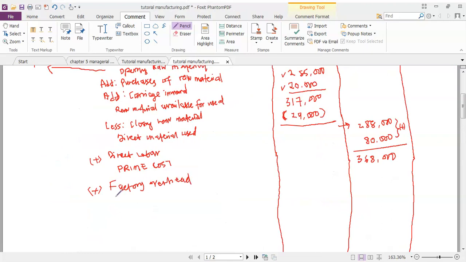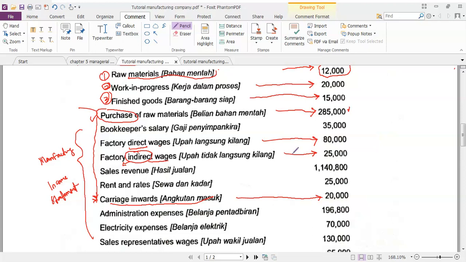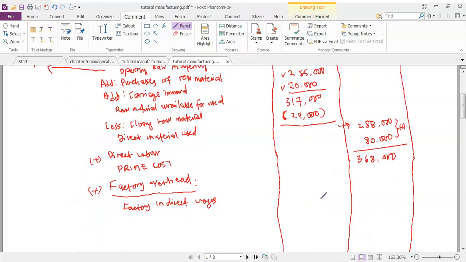And then what does the factory overhead include? Factory labor, factory indirect wages. How much is our factory indirect wages? Let's look at the question. 25,000. So you should put it in the first column, 25,000.